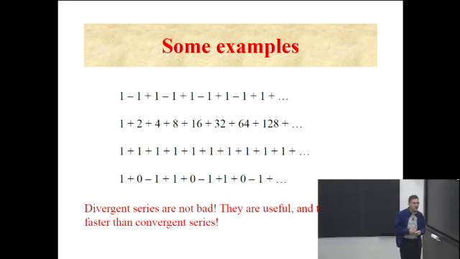Well, the advantage of a divergent series is that it's easier to extract information from it than a convergent series. That's an interesting fact. It lets go of its information faster. It's easier to dig the information out.